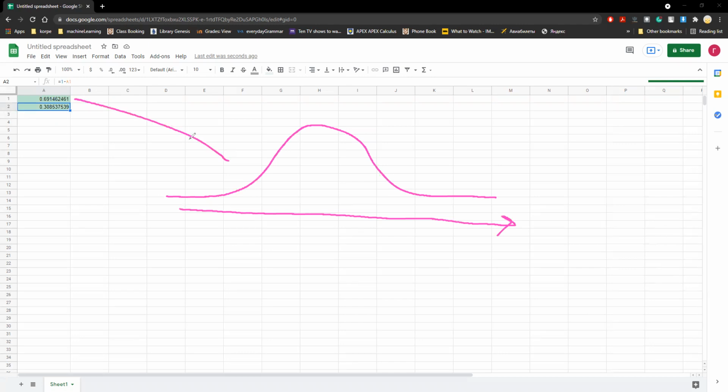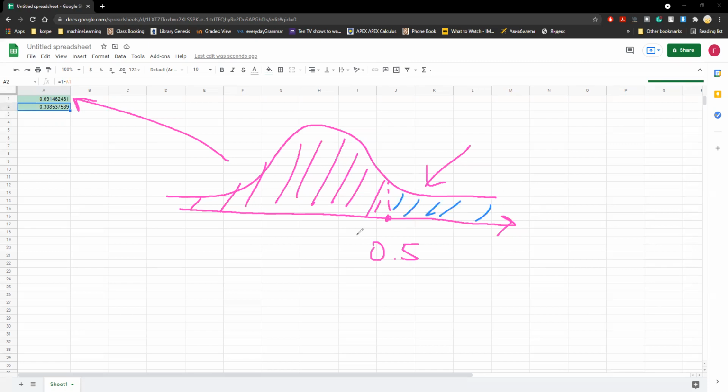Let's assume that 0.5 is somewhere here. We calculate the probability that z lies to the left of this value, z less than or equal to 0.5. Then to find this probability in the right tail, we need to subtract the probability that we found before.